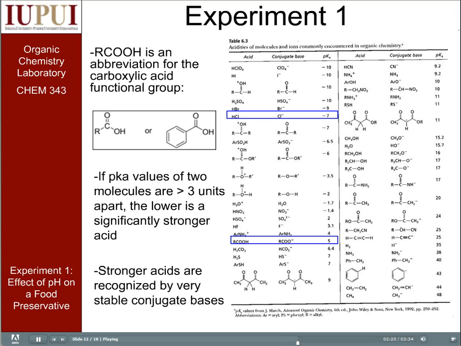And remember from Gen Chem, the reason why you have these lower pKa's is that when you remove the hydrogen, those conjugate bases are very stable. So if you look at the bottom right corner, you have methane, CH4. If you take one of those hydrogens off, you have a negative charge sitting on a carbon, which is not necessarily a stable organic molecule.